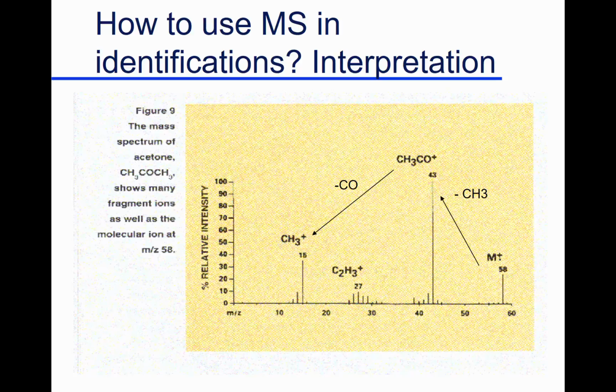Everything else is 14 point something, and so on down the line. So this just rounds these things off. It isn't really very good at discriminating. It lumps anything with a mass of 15 together as 15. And that could be 14.999, it could be 15 point something. It could be different molecules, different combinations.